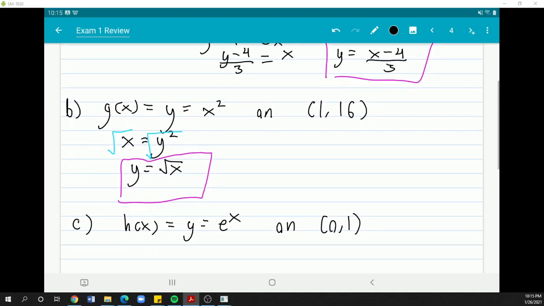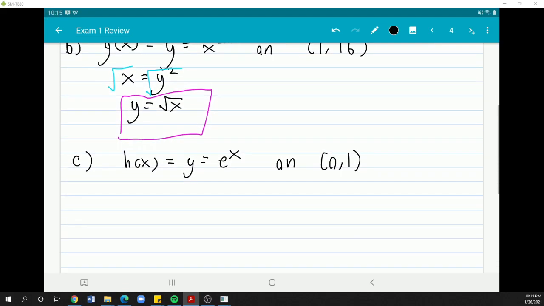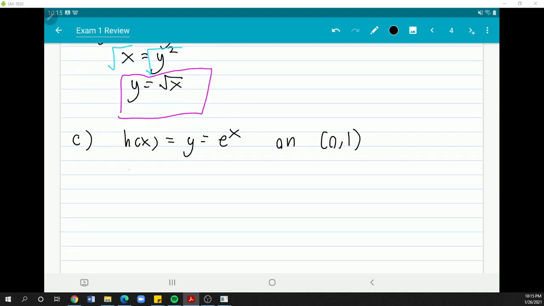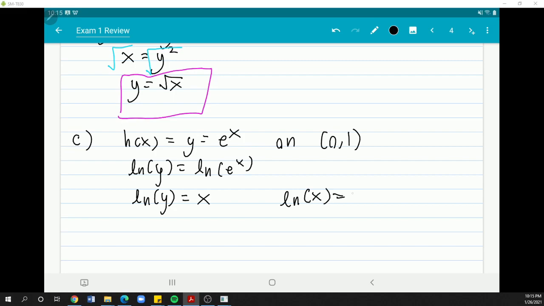We'll come back to that. So h of x equals y equals e to the x. Take natural log of both sides, you get natural log of y is natural log of e to the x. But natural log and e cancel. So we're left with natural log of y equals x. Replace x and y. So natural log of x is equal to y.